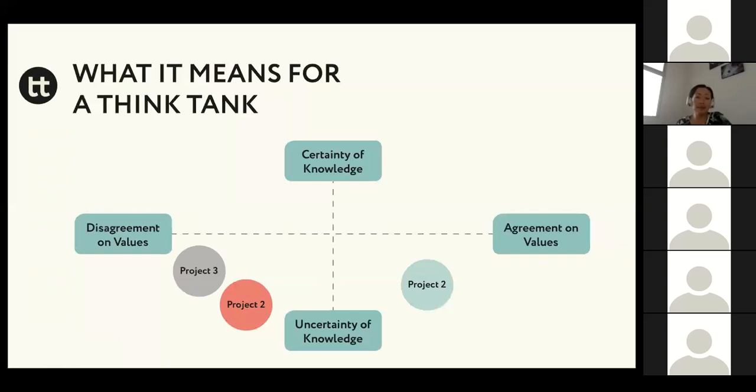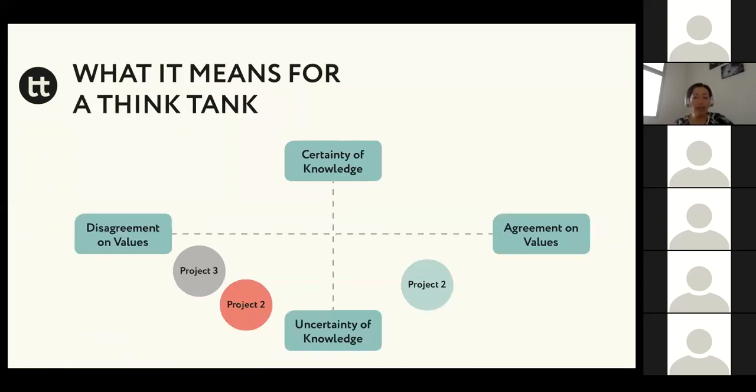And what this means for a think tank, and how we can use this type of understanding of policy problems, is also to try to map the types of activities that we work with in our think tank in these different quadrants that we've identified.